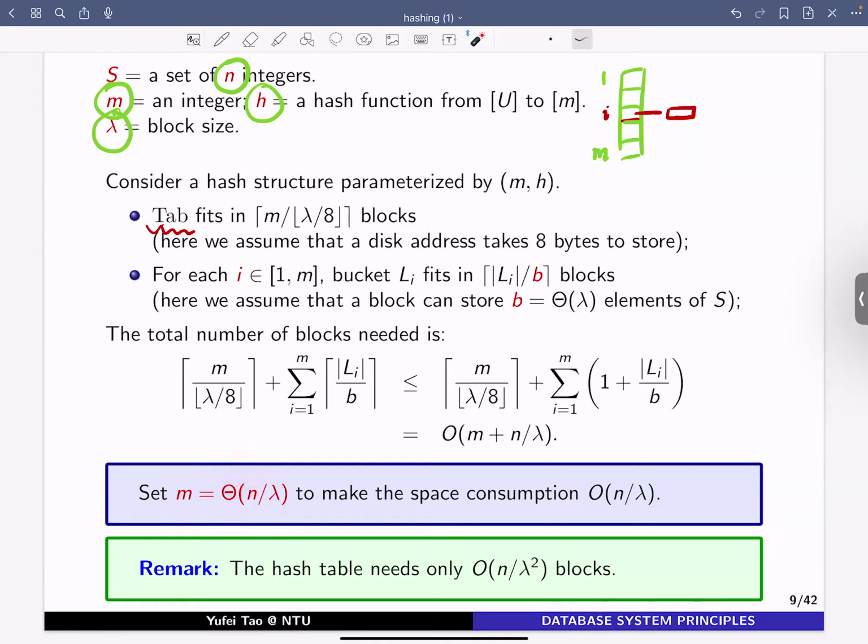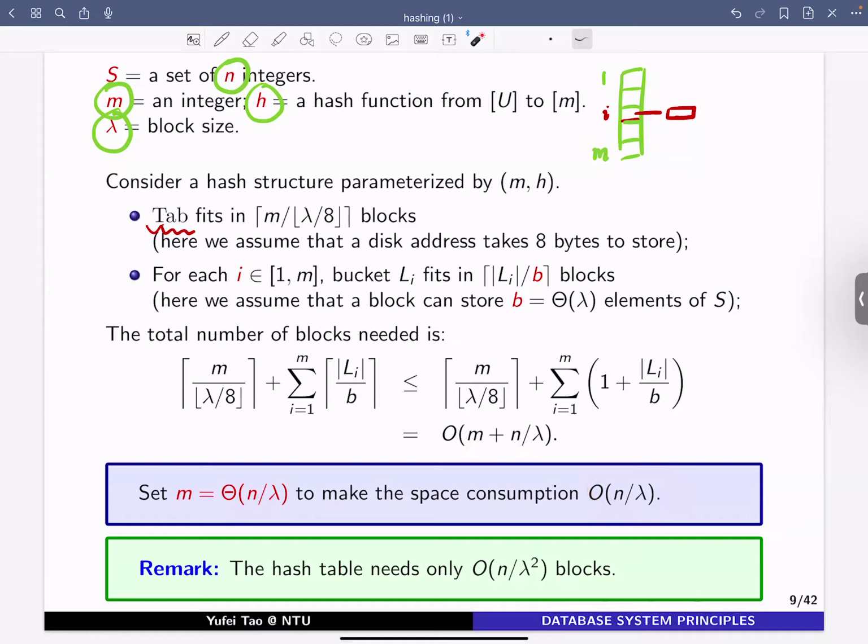And later on, you will see how to set the value of c. We will be able to talk about this only after we have talked about the analysis. But one thing for sure, regardless of this constant c, as long as it's a constant, which has nothing to do with n and lambda, you will be able to prove that this m plus n over lambda is simply just big O of n over lambda, right?